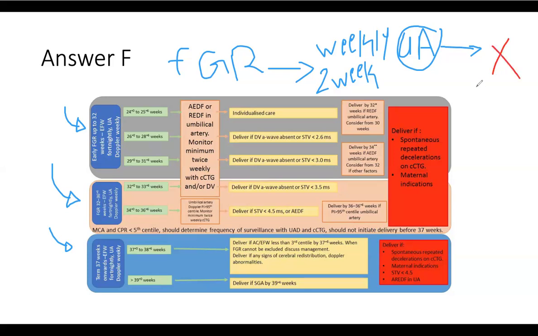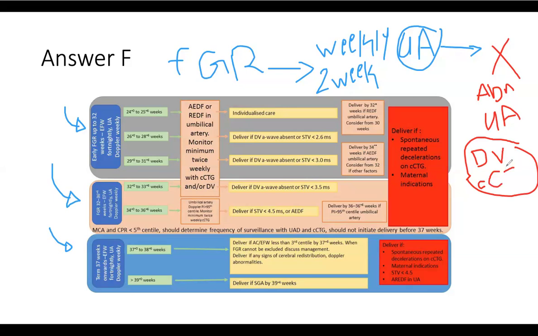Once I have an abnormal umbilical artery Doppler, I will stop surveillance using the umbilical artery Doppler alone, and I will add ductus venosus and or computerized CTG. And in the new guideline, the computerized CTG comes first, and it's written here in this algorithm.